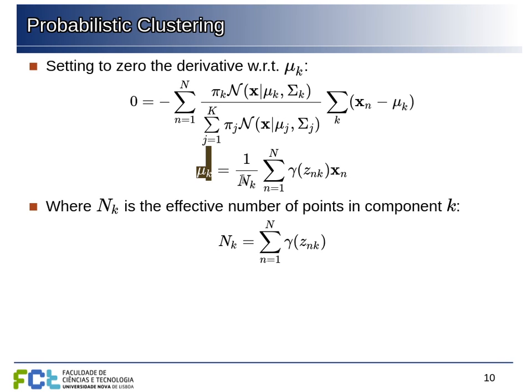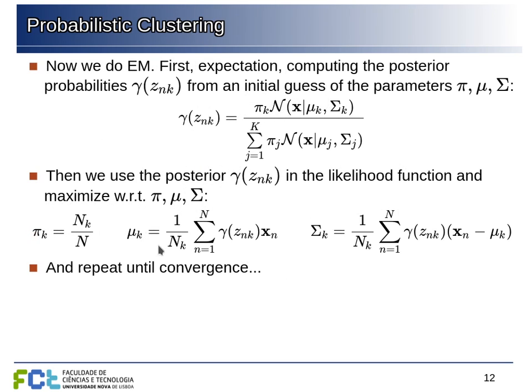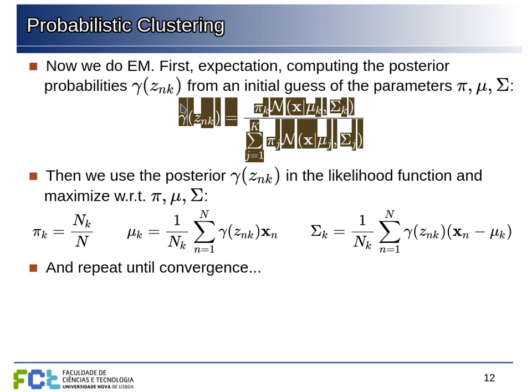So note that we start with an initial guess for the parameters, and now we use that to write the likelihood function, and we maximize the likelihood to recompute the parameters. And this is what we're going to do now until convergence. We use the latest guess of the parameters to recompute the probabilities.